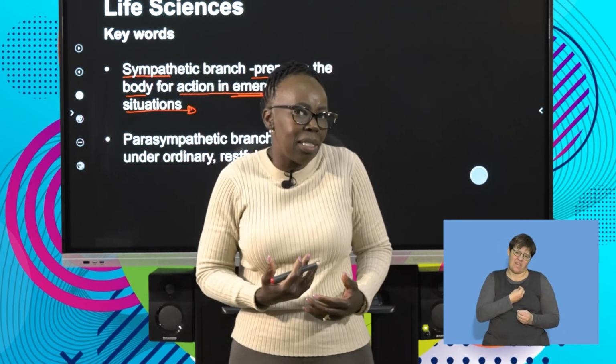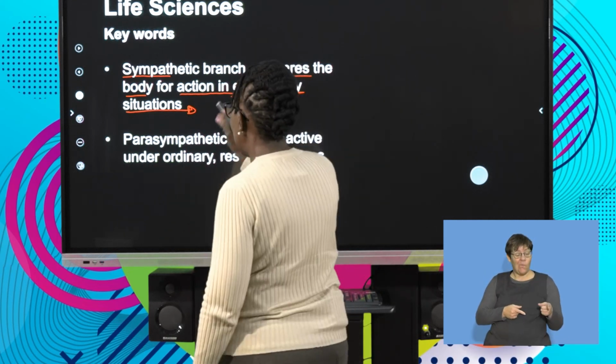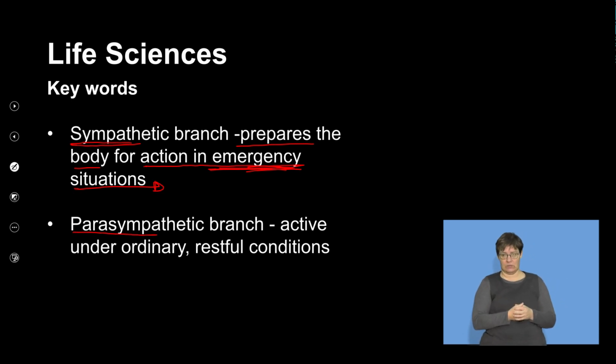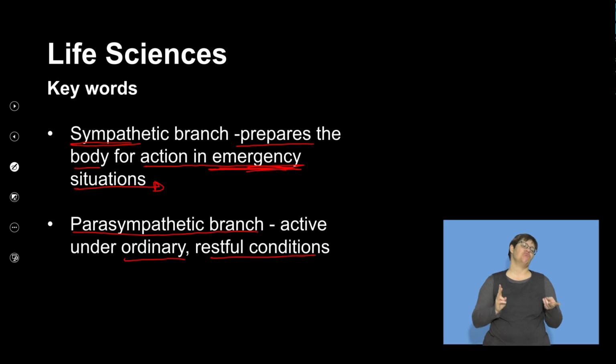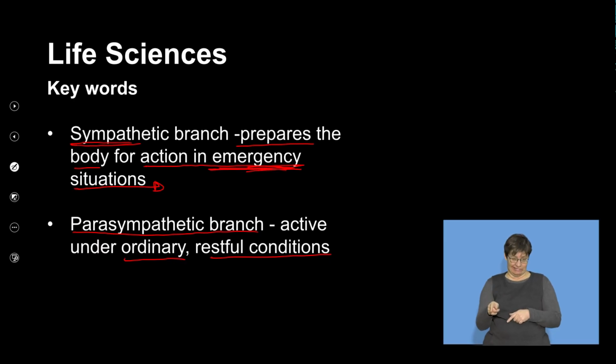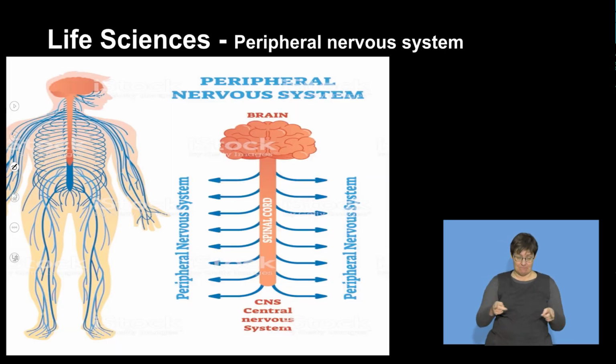Now this part of the nervous system that is sympathetic, it takes care of us because it kicks in when there is an emergency. Then the parasympathetic branch is only active under ordinary restful conditions. When you are not in danger, you are just sitting, eating, then we are looking at the nerves that are active there as the parasympathetic branch or parasympathetic nerves.